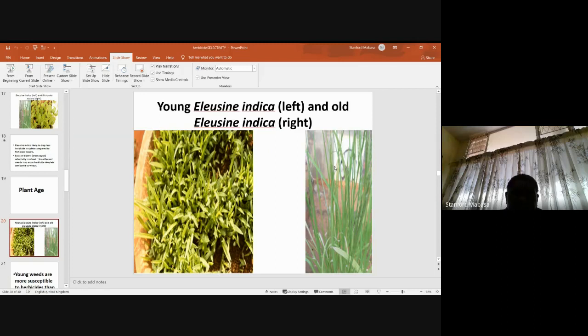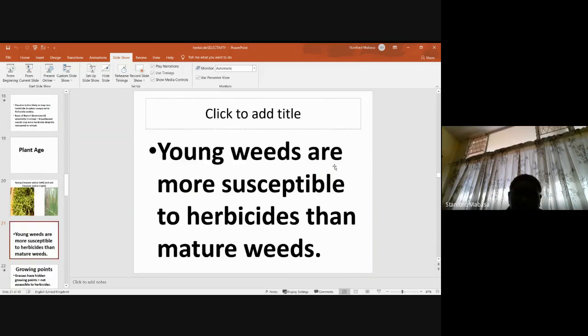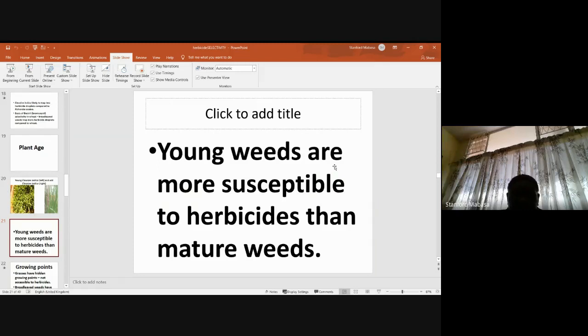So the young Eleusine indica can allow passage of the herbicide, whereas the old Eleusine indica can prevent the passage of the herbicide. So young weeds are more susceptible to herbicides than mature weeds.